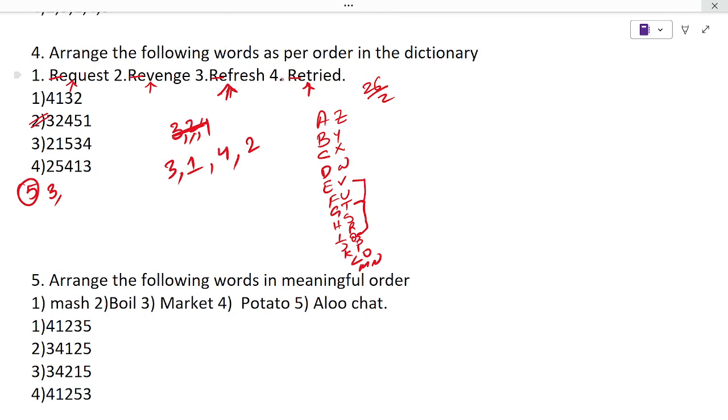R E are the same. The third letter, first one is F, then Q. That means 1 comes before 4. We have D and 2 which is V. That means 3 1 4 2. So here 3 1 4 2 will be the answer. In case the options don't show it, it will be option 5, none of these.